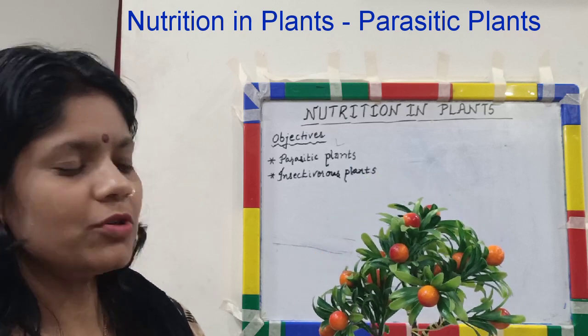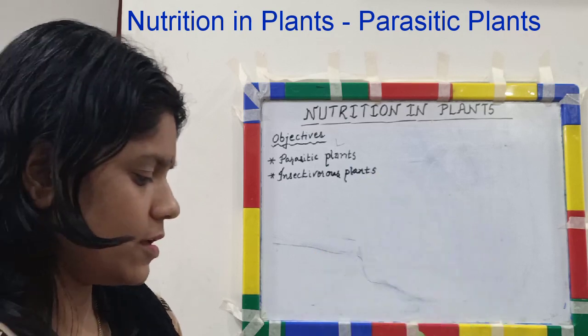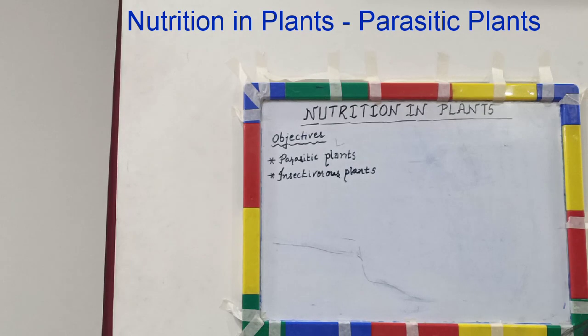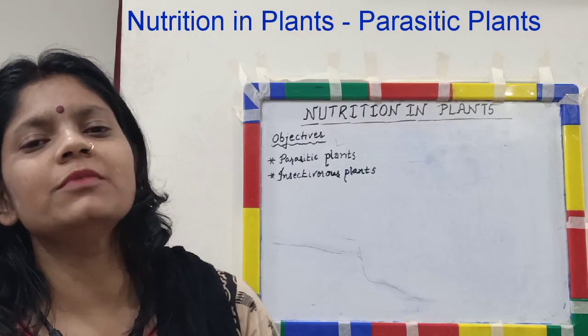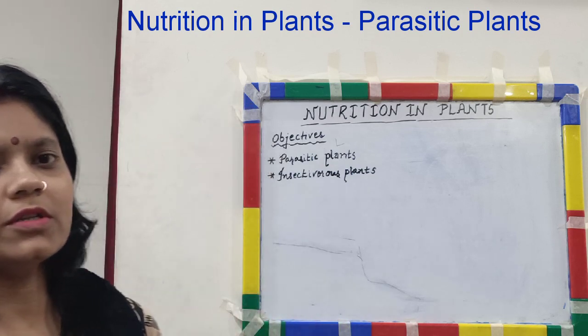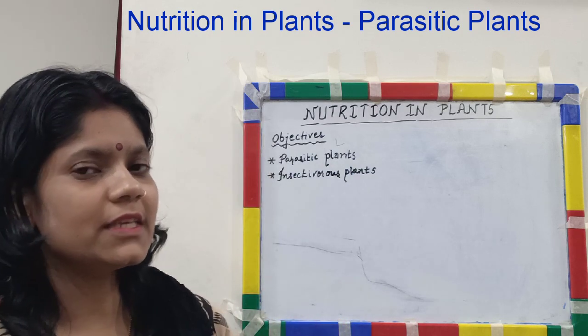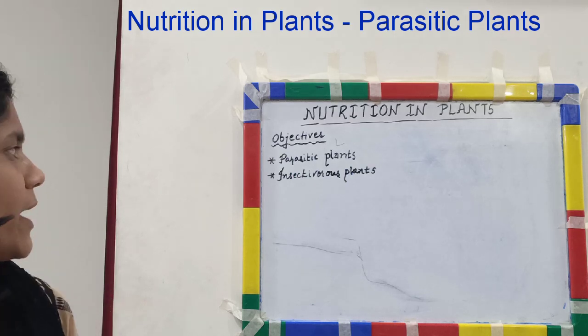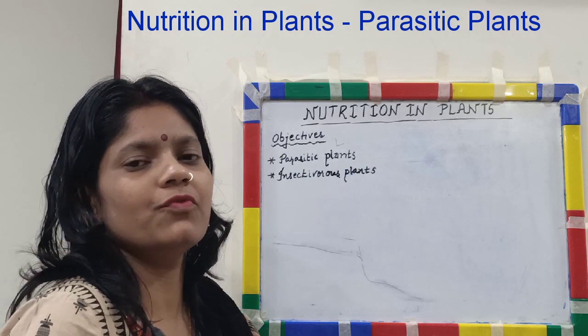And have you heard about the term parasitism? You might have heard that mosquitoes are parasites on animals, or leeches which suck the blood of humans. So what are parasites and what terms are involved in that?